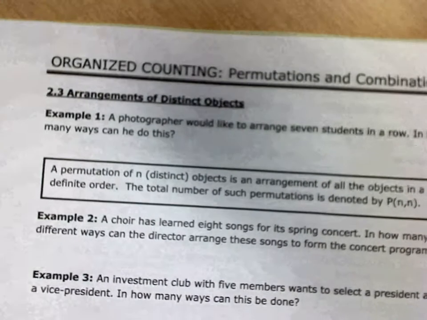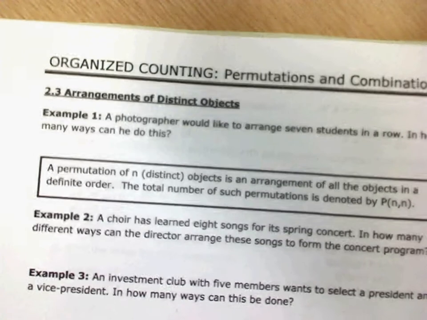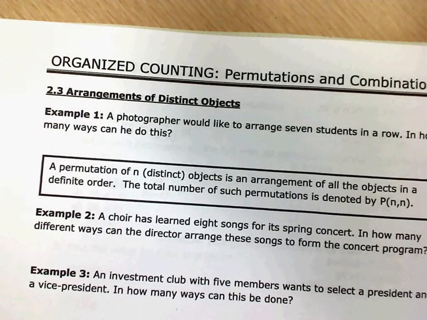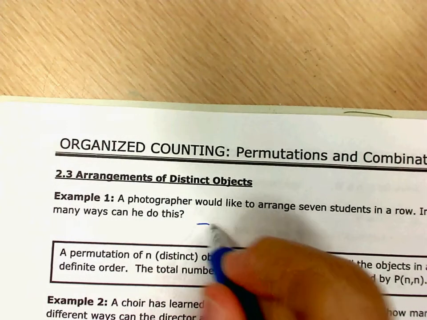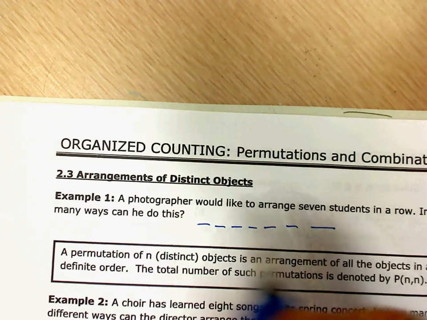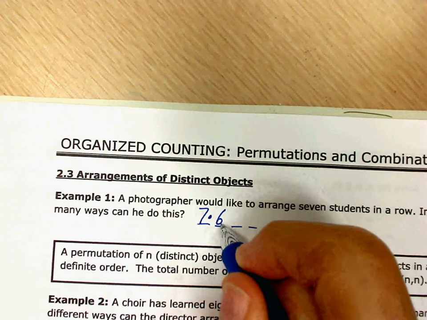All right, a photographer. Okay, we're going to get into some different symbolism now. A photographer would like to arrange 7 students in a row. In how many ways can he do this? Well, you know there's 1, 2, 3, 4, 5, 6, 7. There's 7 choices for the first one. Then we're down a person.